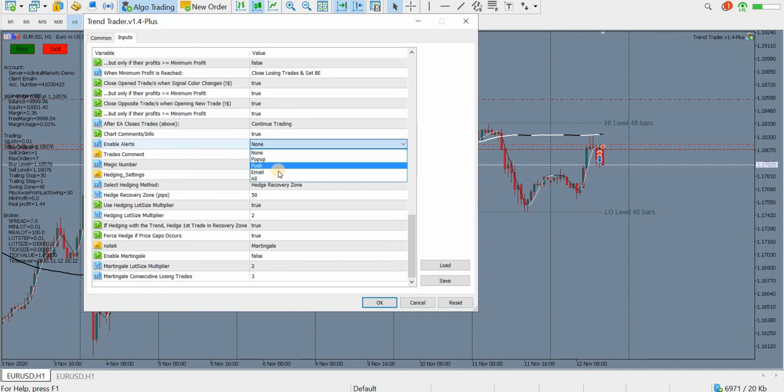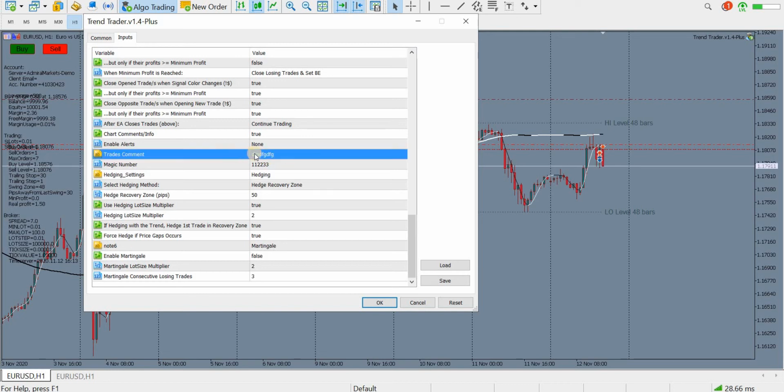There's the option to have alerts, not only on the chart, but pop-ups, push alerts, email, or all of them or none, when certain actions happen, like opening of a trade, closing of a trade, and so on. Set a trade comment, and I advise you leave it as it is. If you don't like it, enter whatever you want there, and don't change it after the EA started trading.